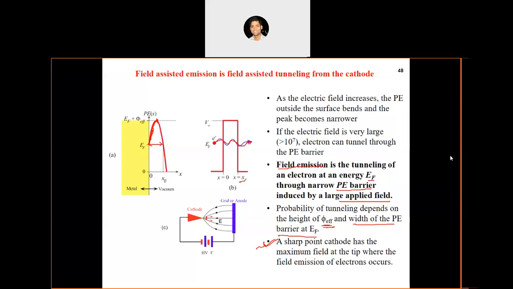Corona effect. Somebody has written corona effect. Can you explain? Anybody else? Any serious answers?